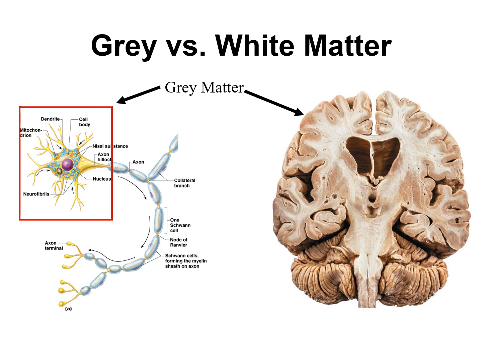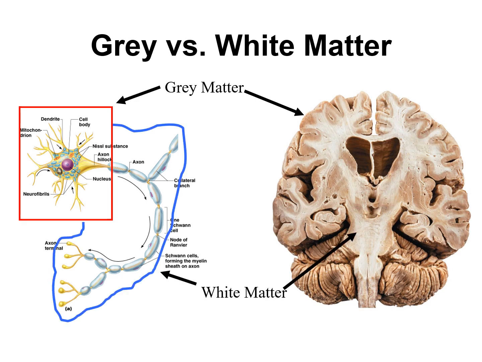So where we have either unmyelinated axons or neuron cell bodies, that's gray matter, and where we have myelinated axons, that's white matter. So again, the cell bodies are located in the cerebral cortex, and deep to that would be the myelinated axons of those cells.